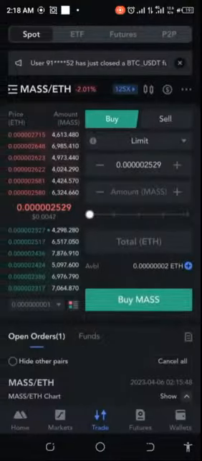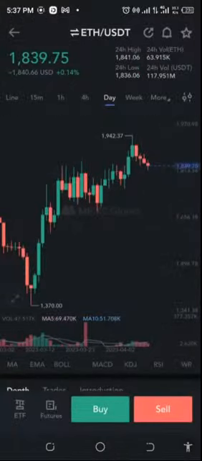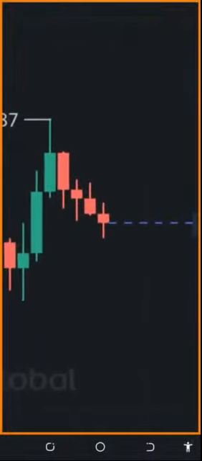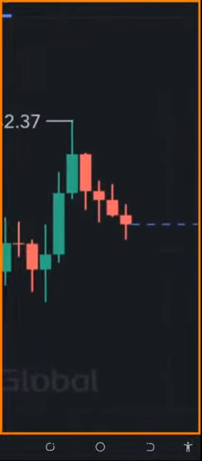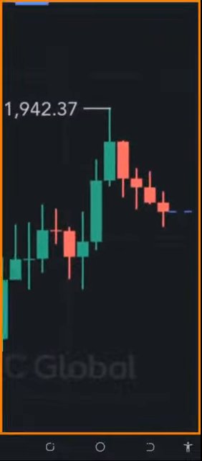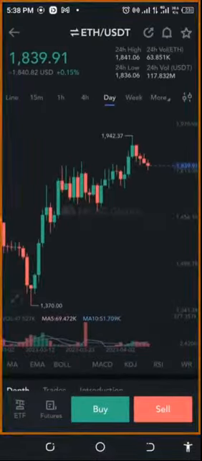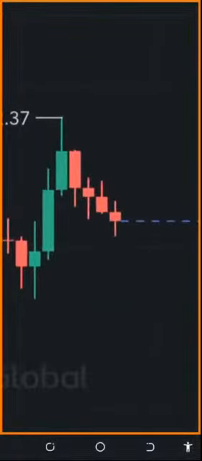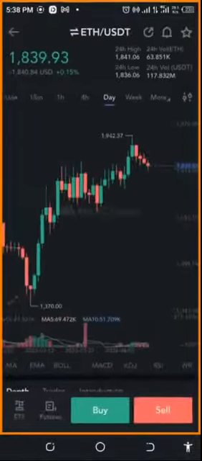See you shortly. Okay, so all right, I'm back after 3 days, and well, it just seems like ETH decided to go down. As you can see here, this is the 1 day chart, and for the past 3 days the ETH has been going down, right?